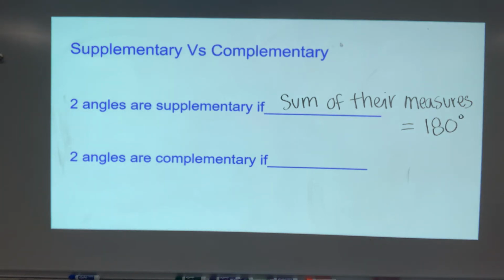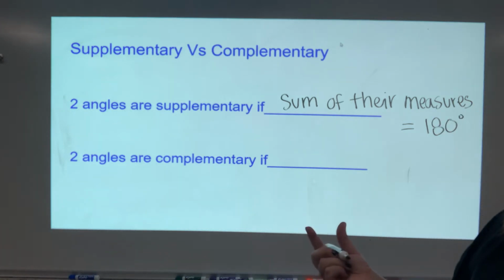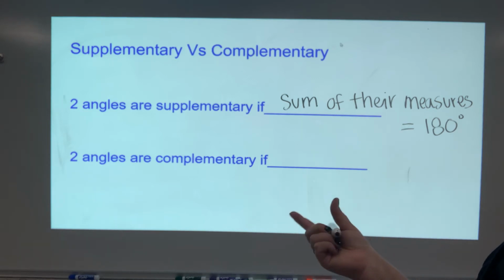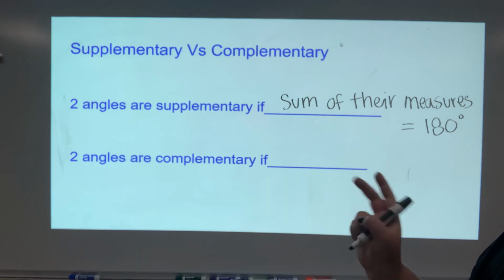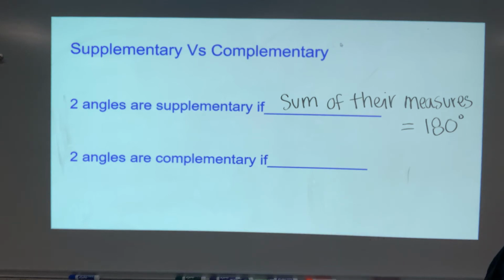So now we're talking about adding two measurements together, and if you've got an angle that's measured 100 degrees and you've got an angle that's measured 80 degrees, well, those would be considered supplementary angles because adding their measures together gets you 180 degrees.